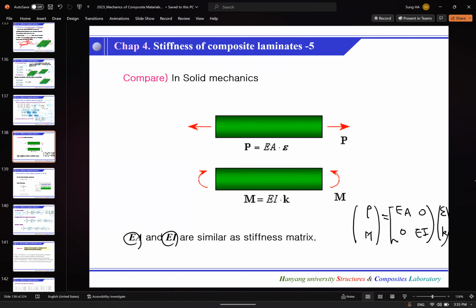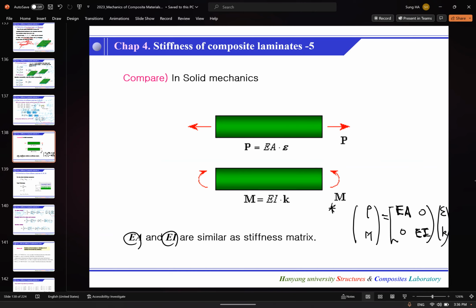It clearly says E is the stiffness, Young's modulus of each material, and A is the information of the cross section. And for the bending, same. This E is the stiffness, and I is the information about the thickness. So this is a very important relation, the most simplistic relation.